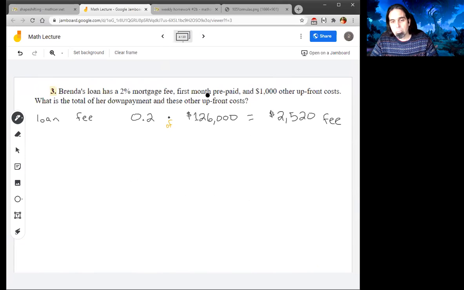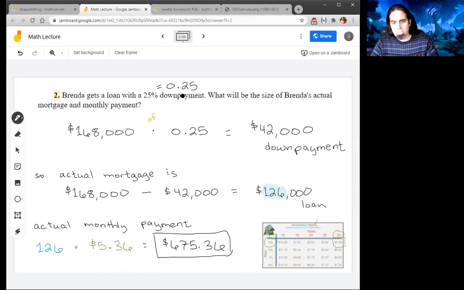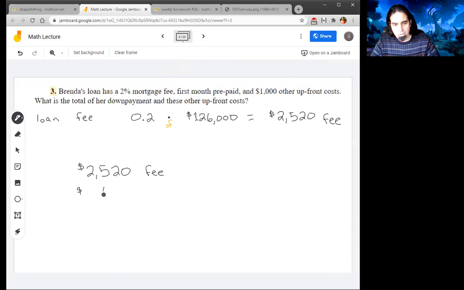She also needs to prepay the first month. So that was 675.36. She also has 1,000 of other stuff.